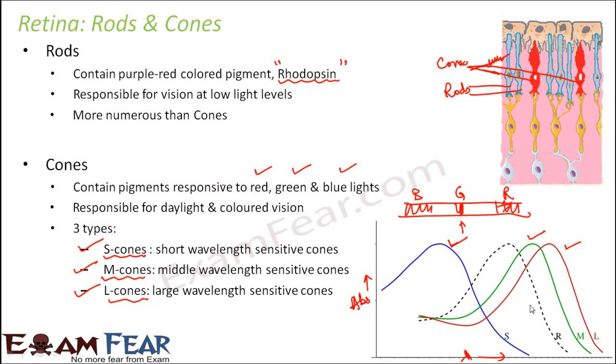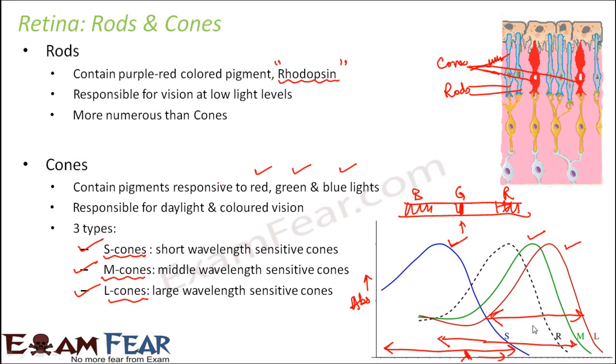The small cones occupy the set of lower wavelengths. The medium cones occupy a greater wavelength range than that, and the large cones occupy an even greater wavelength range. That is how they receive light of different wavelengths.